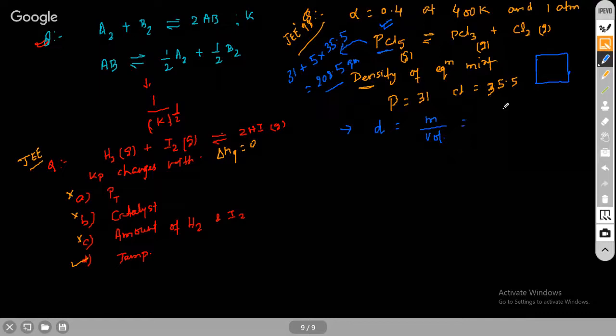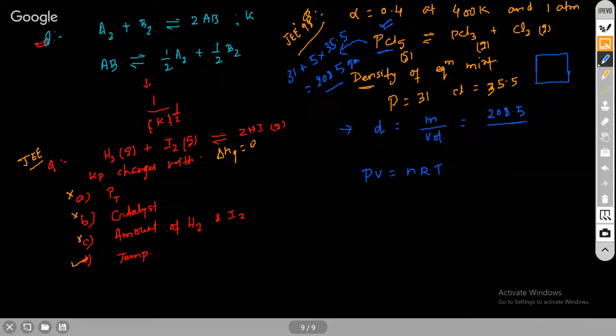So mass is 208.5. This is already given in the question. Only thing is, volume we have to find out. Now how do we find out volume? For that, the second data given in the question says that the gases behave ideally. So we have to apply PV equals nRT.